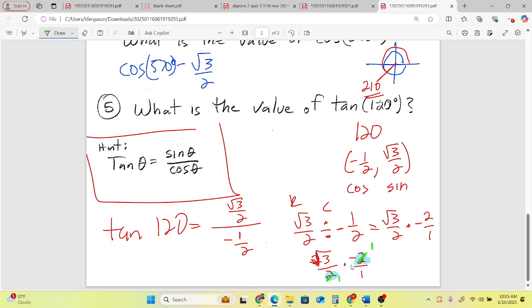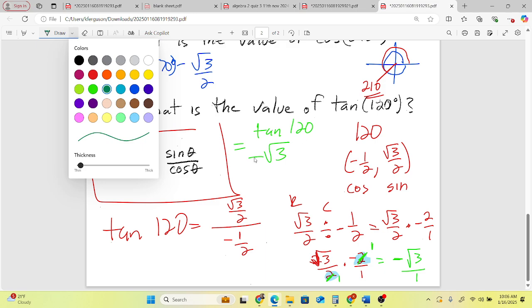So both of those values become 1, and 1 with this doesn't make any difference. I've got the square root of 3 times a negative 1, and then on the denominator, 1 times 1. So that is negative square root of 3 over 1, which makes my value of tangent of 120 equal to negative square root of 3. Because when 1's on the bottom, it just falls off.